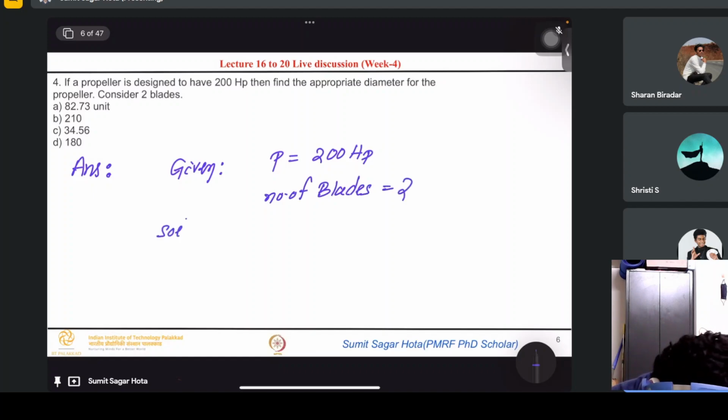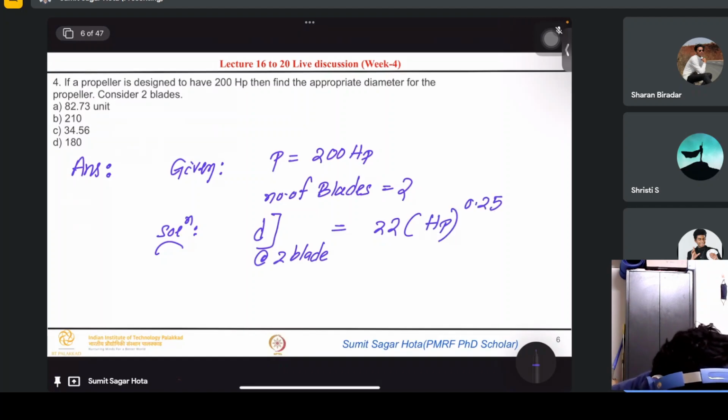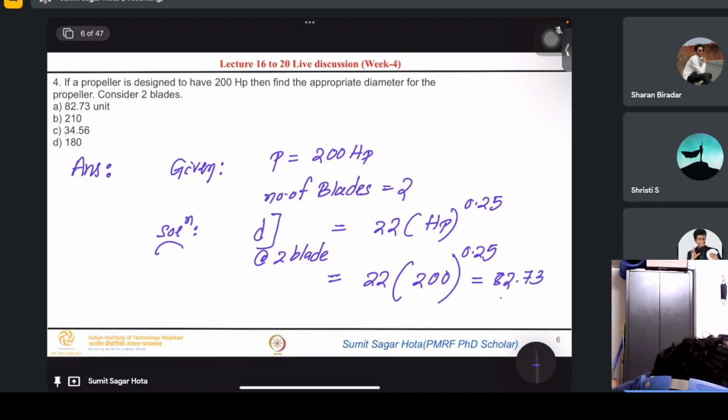Let's go to the solution. D of 2 blade is equal to 22 times horsepower to the power 0.25. For two blades this is the formula. So 200 to the power 0.25 gives 82.73 units. So the answer will be A.